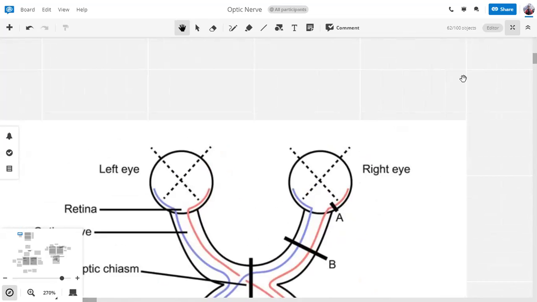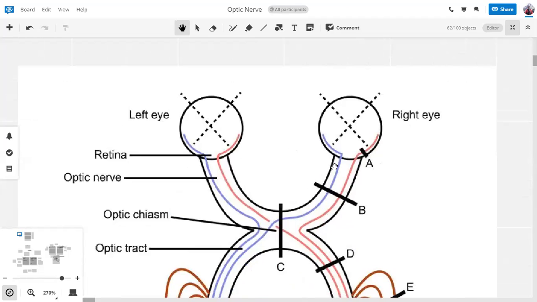So the lateral part of the external world is being perceived by the medial sensory receptors, right? The temporal part is being perceived by the nasal receptors.